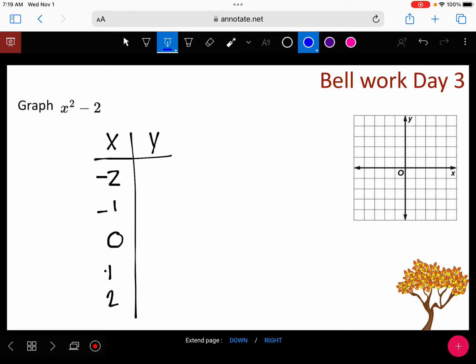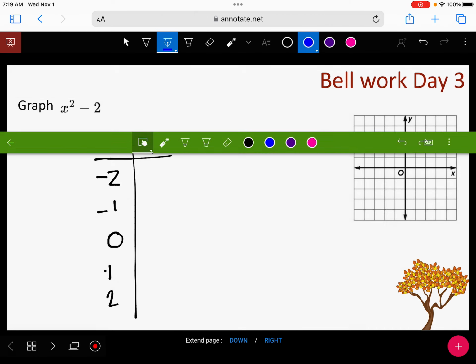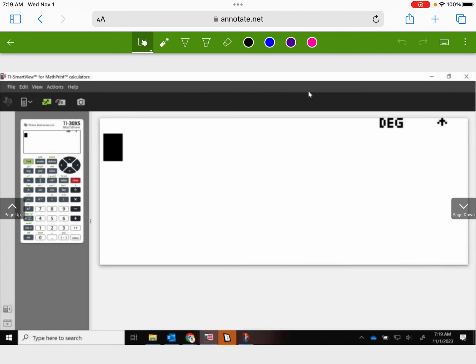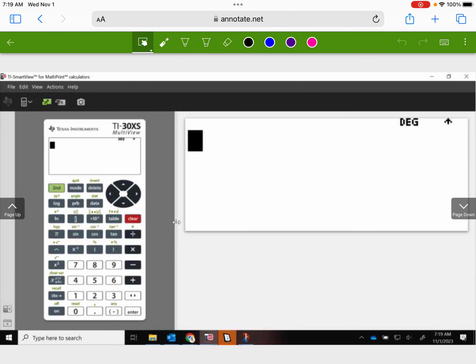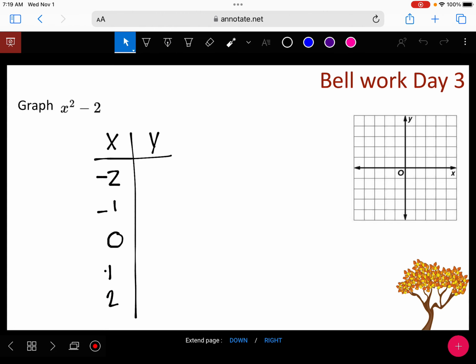Just kind of cruise. So we're doing -2 squared minus 2, and we can type that into our calculator: -2 in parentheses squared minus 2, so we have a 2.